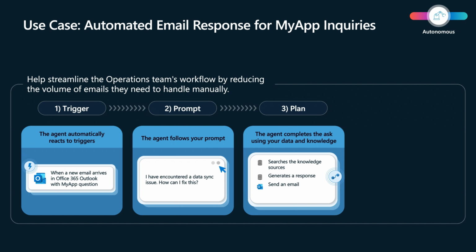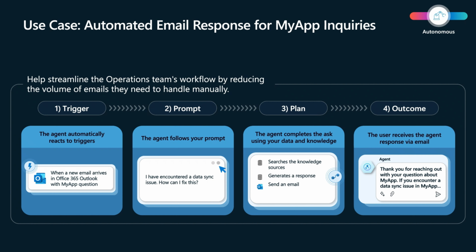The agent will grab this information, then bring it inside the agent, and then search the knowledge sources first, because that's how I'm going to put the instructions. Search your knowledge base first, find the information, craft a good email, and then send an email. And the outcome will be the user will receive an email with the response.